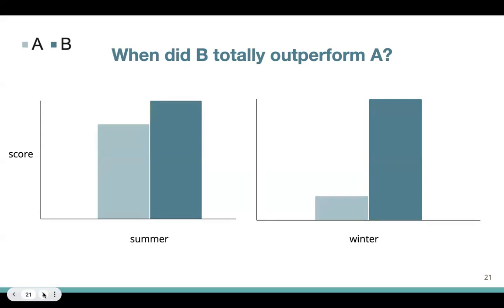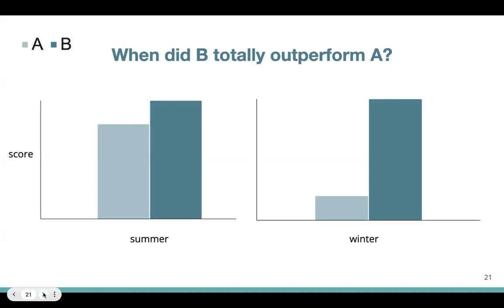And in both cases, in both summer and winter, B has outperformed A, right? B has done better than A. B has won the matches. B has had a better performance for the season. But in which case did B really, really do better?